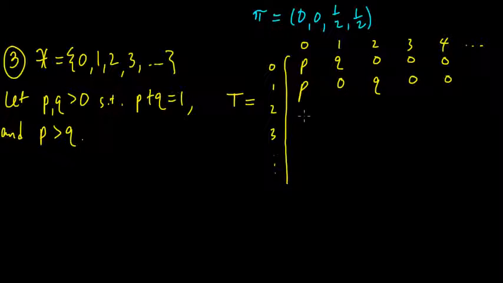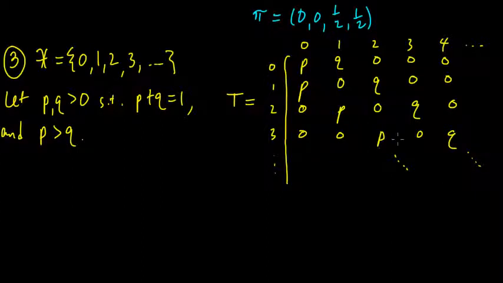And all the rest are zeros. And it's going to be 0, p, 0, q, 0, 0, 0, p, 0, q, 0, 0, 0, and so on. So we just continue this pattern.